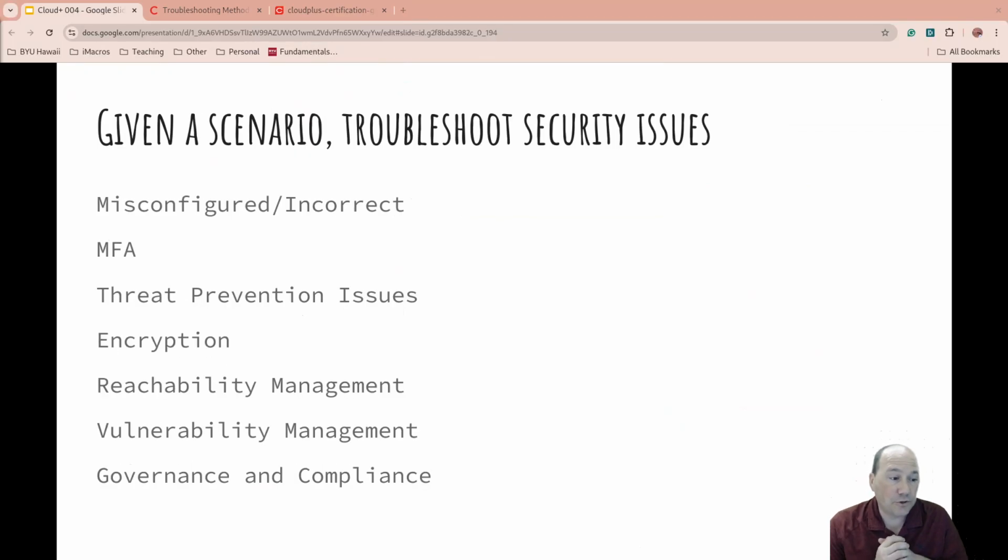Given a scenario, troubleshoot security issues. So this is the last one. Woohoo! But we have quite a few slides with it. So is it misconfigured or incorrect? This happens all the time where we make mistakes. Is there some type of multi-factor authentication process that has not happened to allow certain things to proceed?